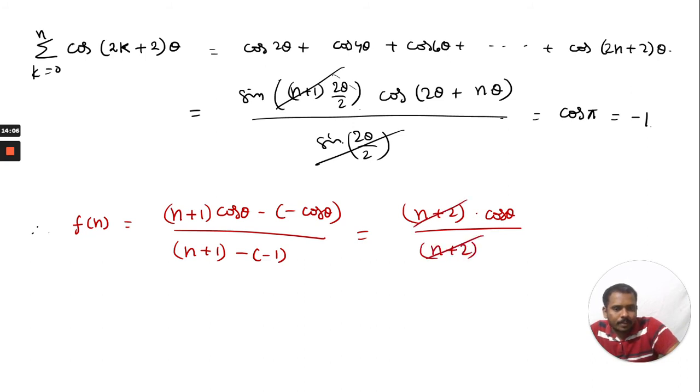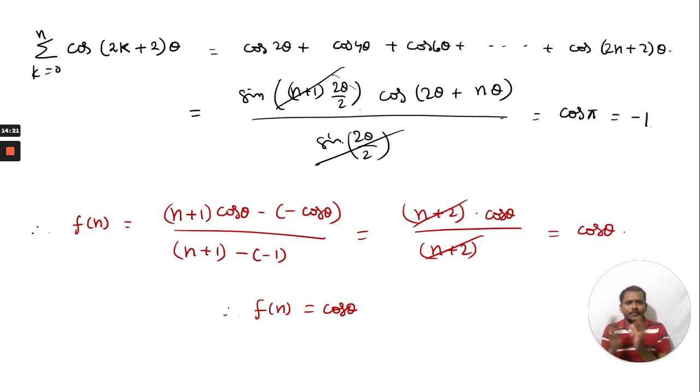Oh, n plus 2 gets cancelled and it is equal to cos theta. That means the given function f of n is equal to cos theta. That's it, isn't it? So the given function is f of n equal to cos theta.